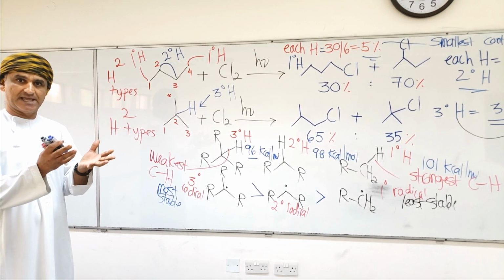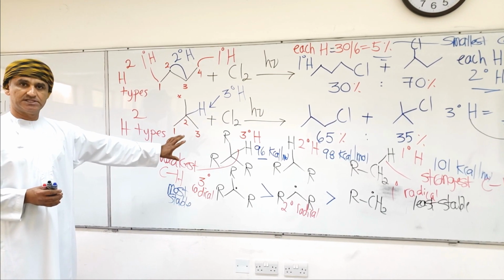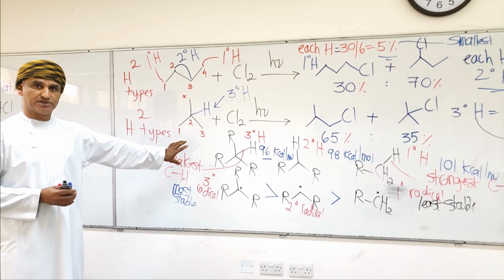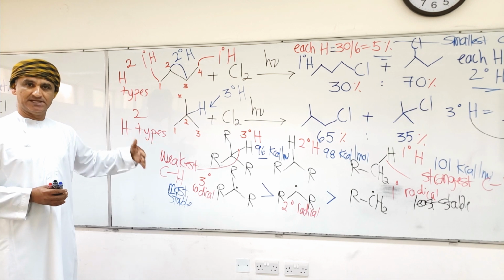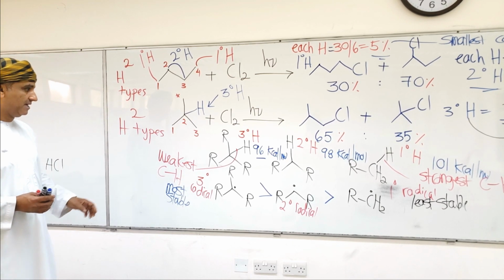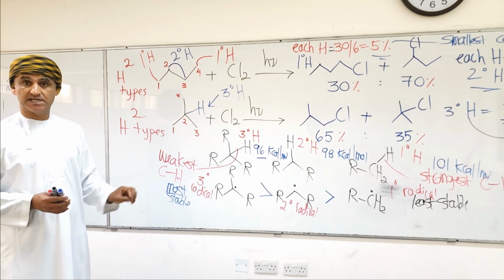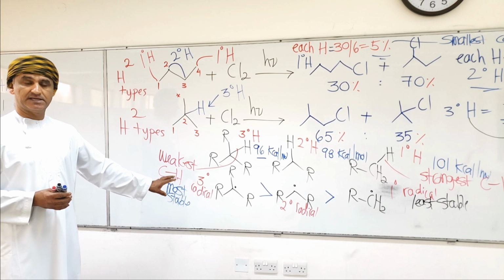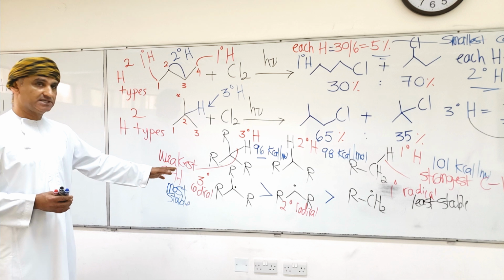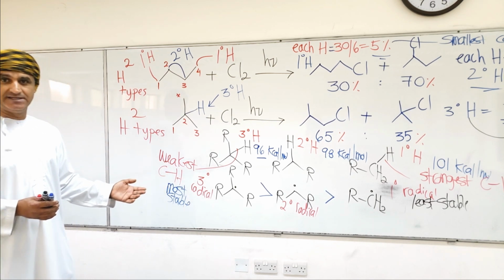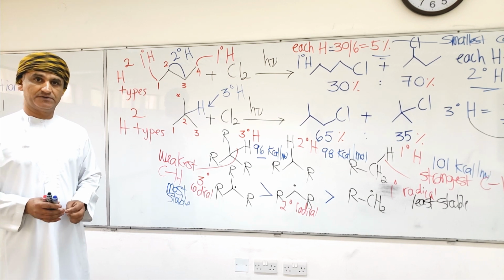And this trend in reactivity is explained in terms of bond dissociation energies of the corresponding CH bonds, and also accordingly the stability of the radicals involved. The tertiary CH bond is the weakest, the primary CH bond is the strongest, the tertiary radical is the most stable, the primary radical is the least stable, and the stability of the radicals can also be explained in similar ways to the stability of carbocations.